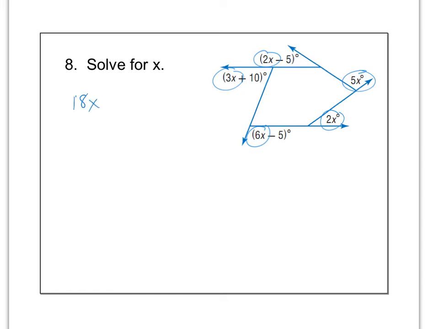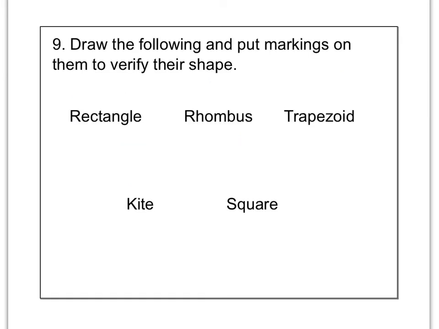What'd you guys get? Hopefully you got 18. So I have 18 x's. And then it looks like we have plus 10, minus 5, minus 5. So I think that comes out to 0. And it's got to add up to 360. Divide by 18. X is 20. Please try number 9.